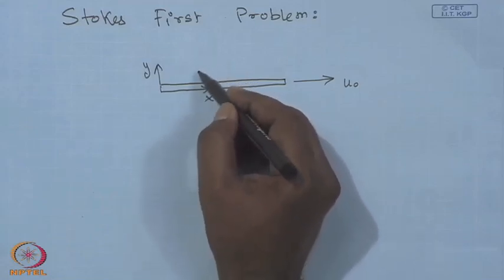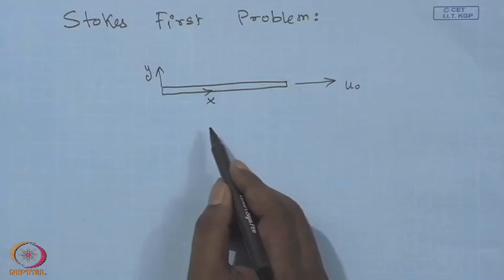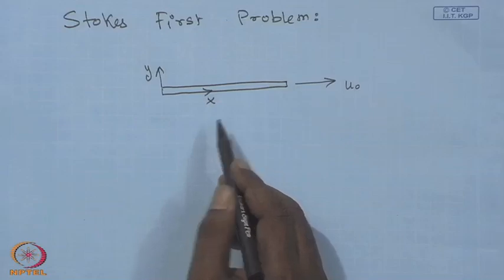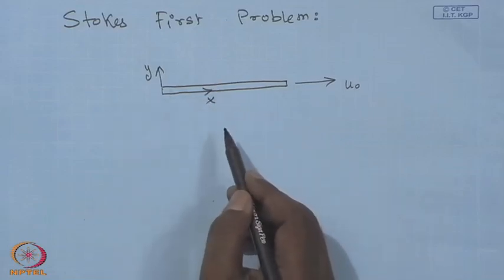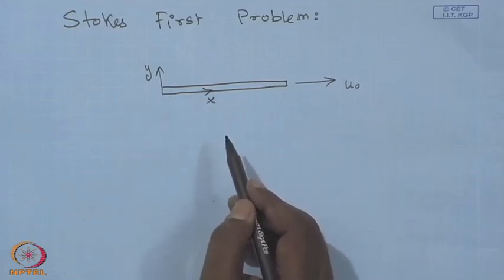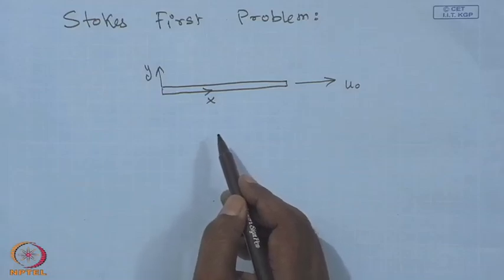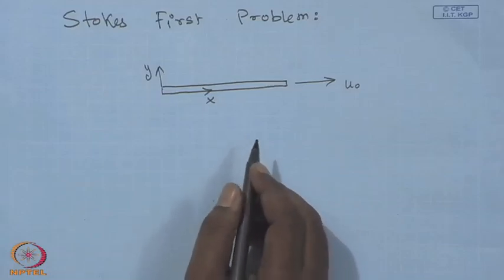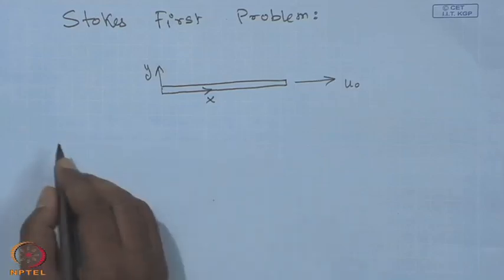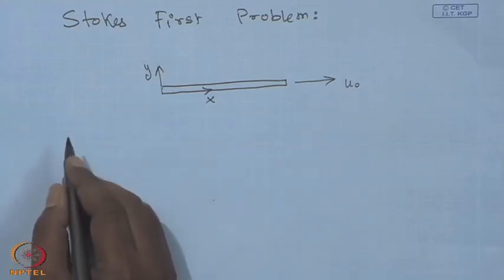Beyond a particular point, the velocity decreases to 0. Beyond that point, the fluid particle does not experience the presence of this moving plate located at the origin. So, let us write down the several assumptions that we require to solve this problem.